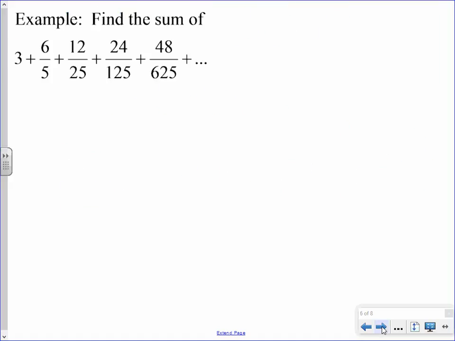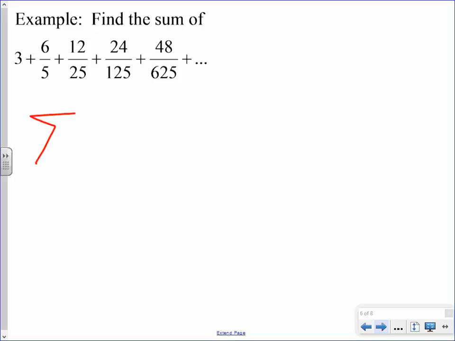Let's look at this one. So you can see that from term to term, we multiply by 2/5.